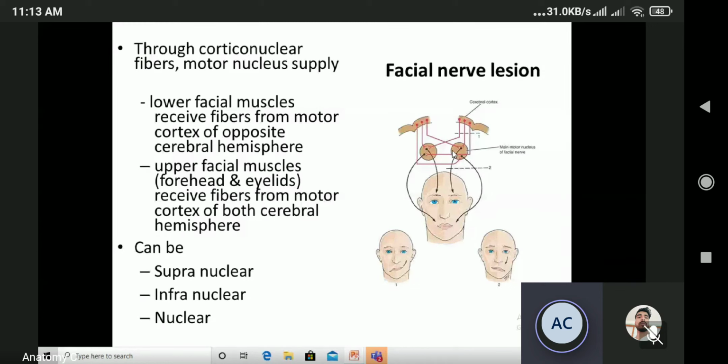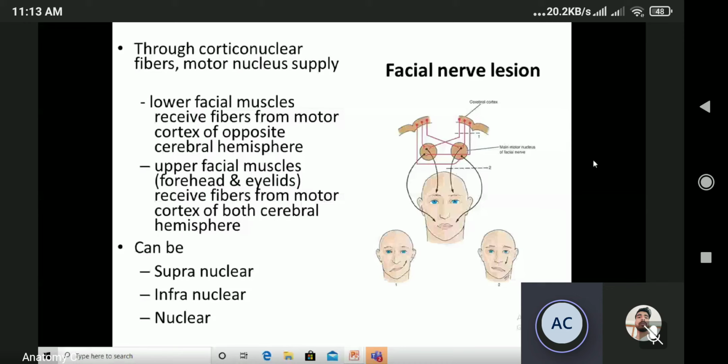And depending upon the site of the lesion, it can be either a supranuclear lesion, that is above the nucleus, or a nuclear lesion, or an infranuclear lesion, that is below the level of the nucleus.